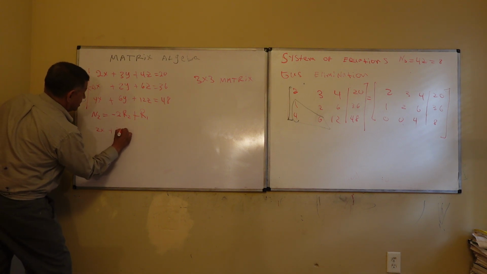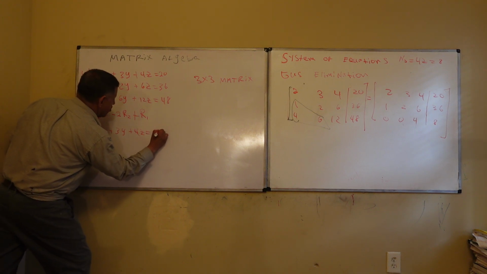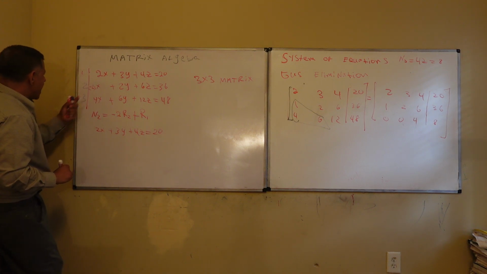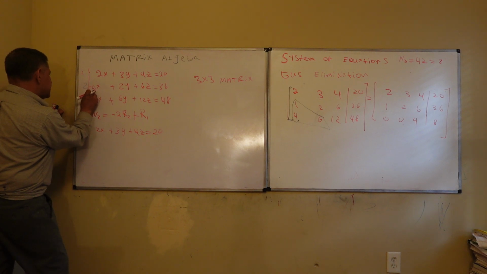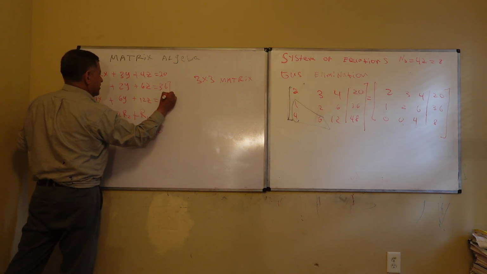2x plus 3y plus 4z is equal to 20. Bottom, I got this times this, so I'm multiplying this and this. I want to make it clear, right?